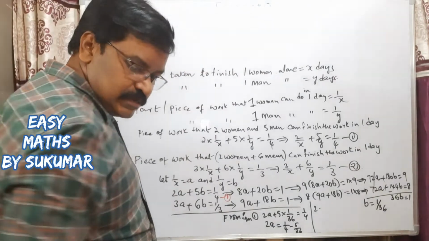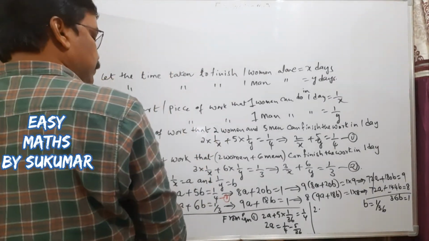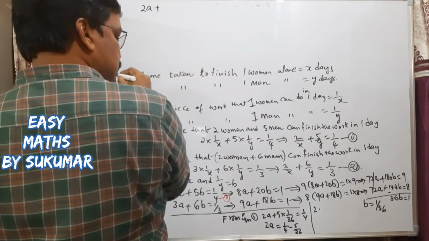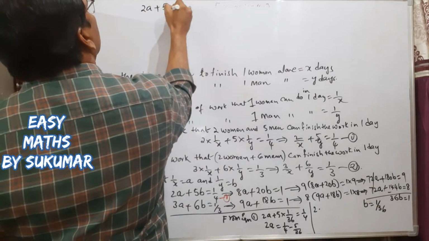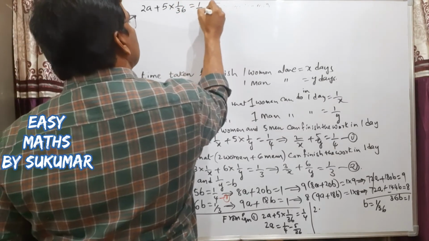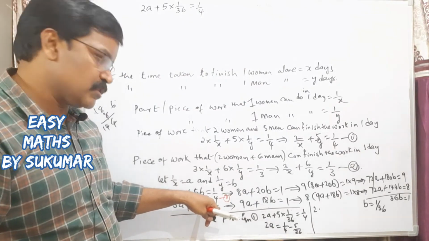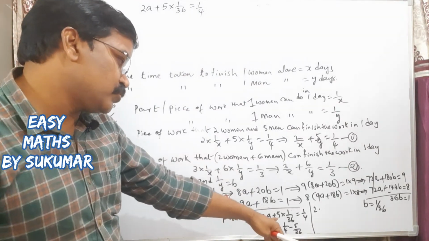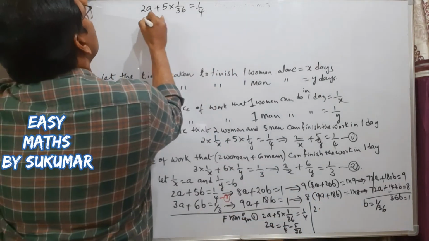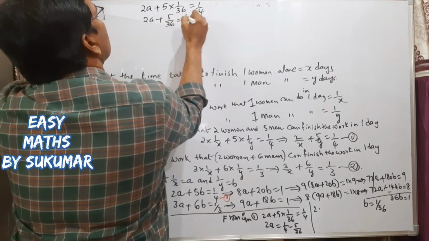Again I will repeat here: 2a plus 5 into 1 by 36 is equal to 1 by 4 from this first equation. 2a plus 5b is equal to 1 by 4. So in that, let us substitute b is equal to 1 by 36. That means 2a plus 5 by 36 is equal to 1 by 4.